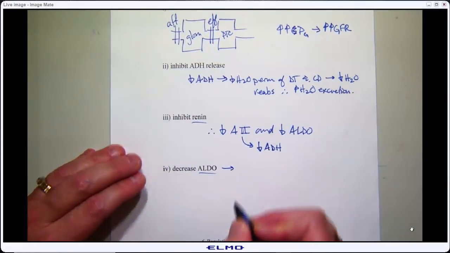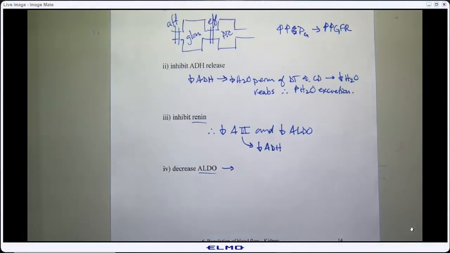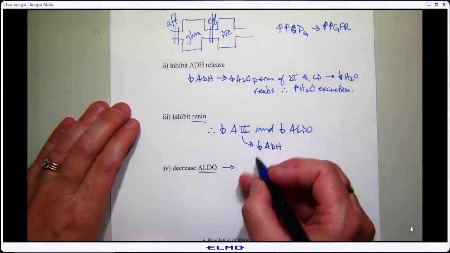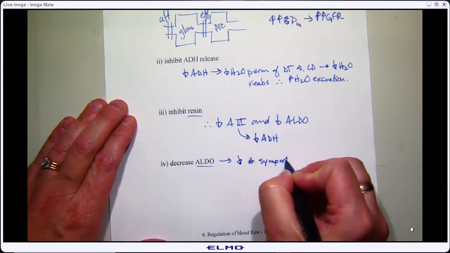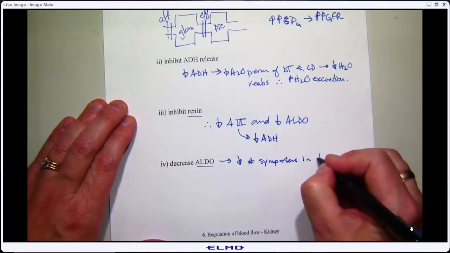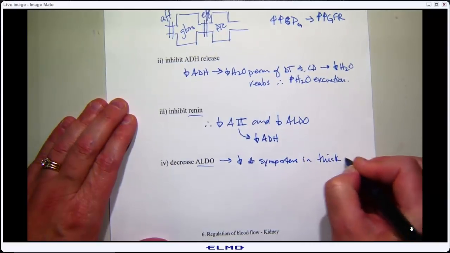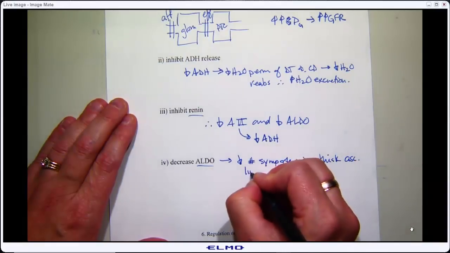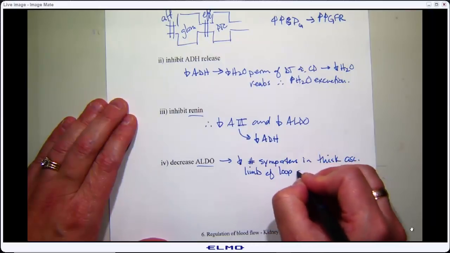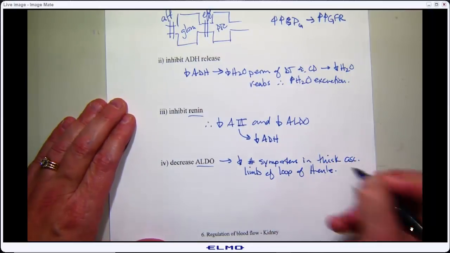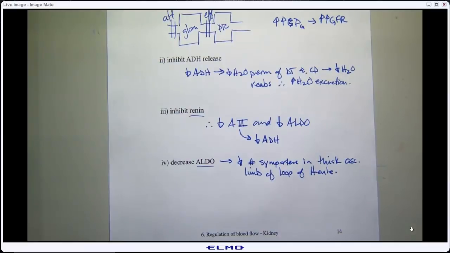All right, and what did aldosterone do? We visited aldosterone already. It changed those symporters in the thick ascending limb of the loop of Henle. Aldosterone was able to increase those, so dropping aldosterone will decrease the number of symporters in the thick ascending limb of the loop of Henle.